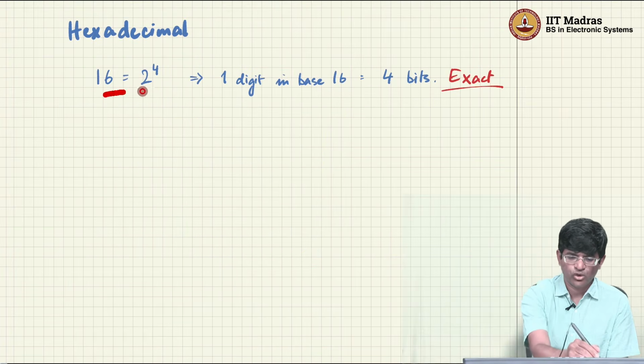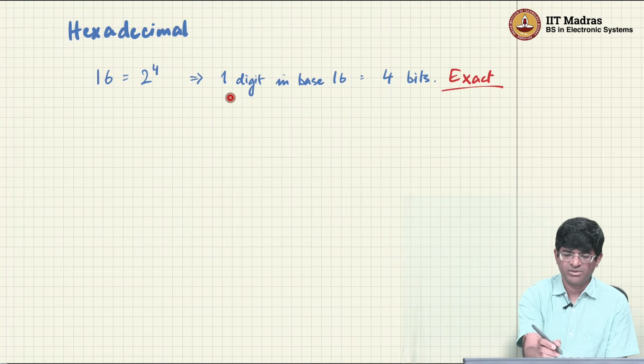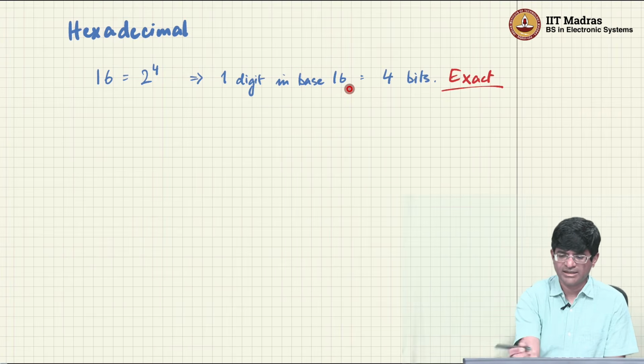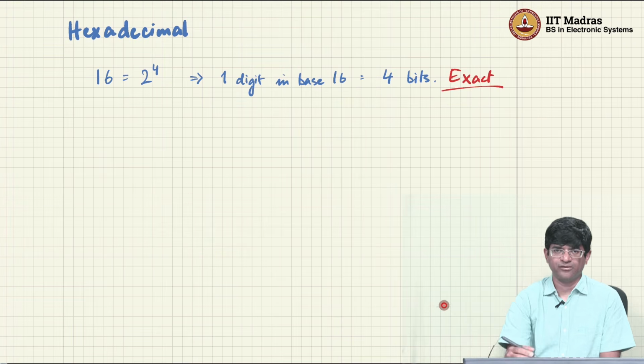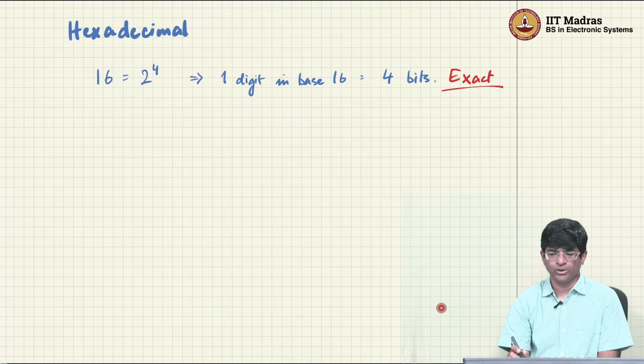Because 16 is equal to 2 to the power of 4, which means that one digit in base 16 is exactly 4 bits. The number of different digits that I need to work with hexadecimal is 0, 1, 2, 3 up to 9, and then I need 6 more because I can go from 0 up to 15. 15 is a single digit in hexadecimal, okay.